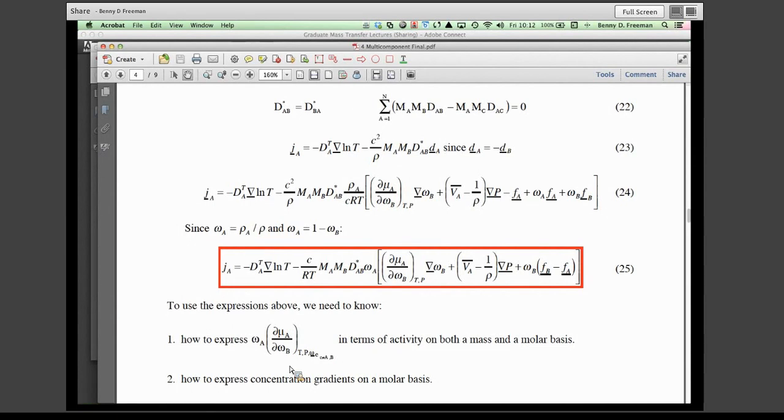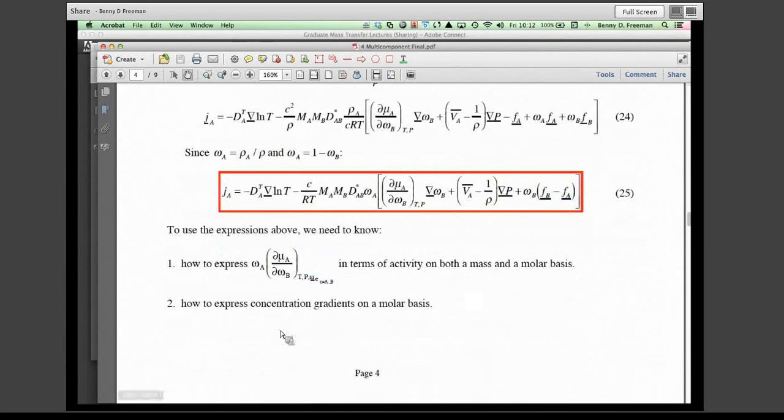We build thermodynamic models that allow us to input the changes in chemical potential with composition into the expression for flux. And so we need also to be able to express these concentration gradients not only on a mass basis but on a molar basis. And so we'll turn to these two tasks in the next little bit in the notes.